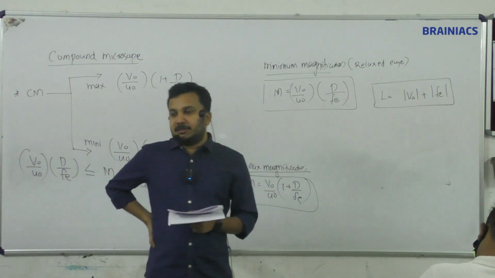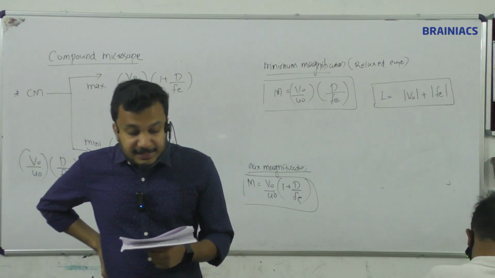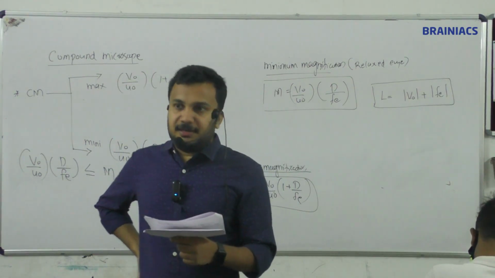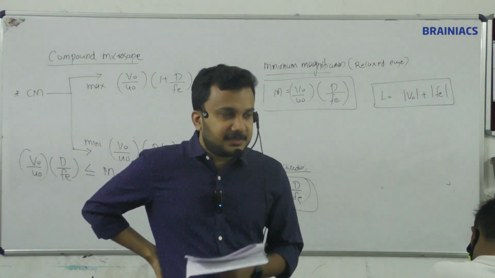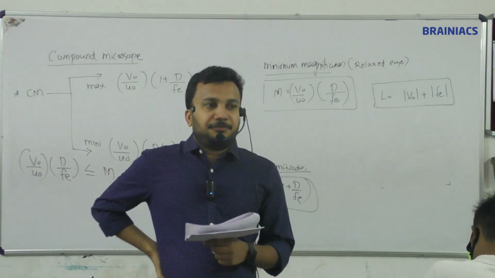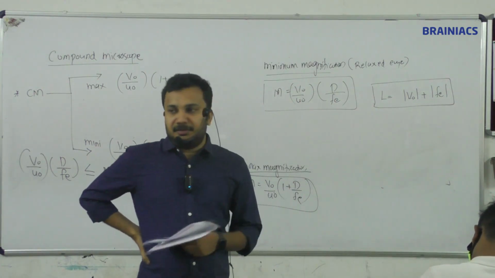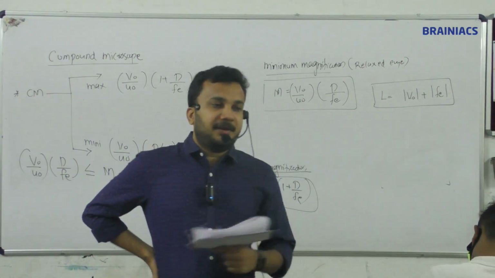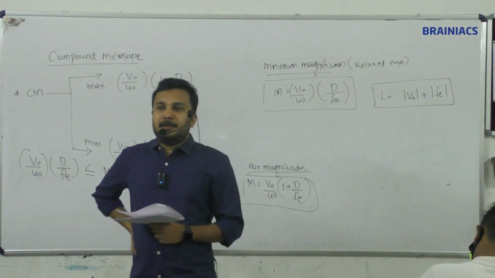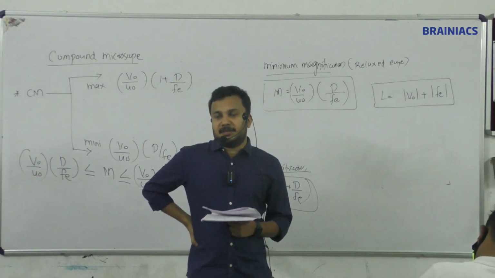When the object is kept at 1.25 centimeter in front of the objective lens, the final image is formed at infinity. The magnifying power of the microscope is dash.